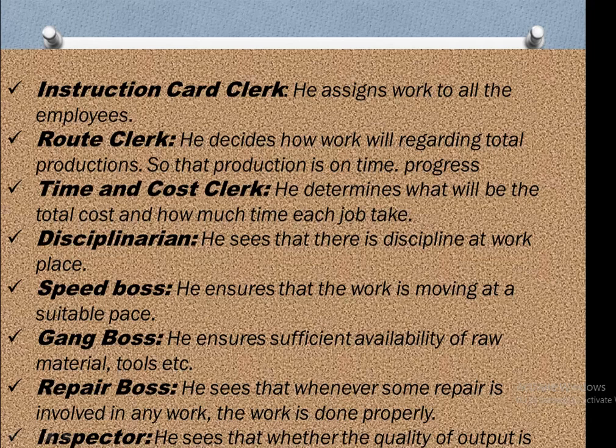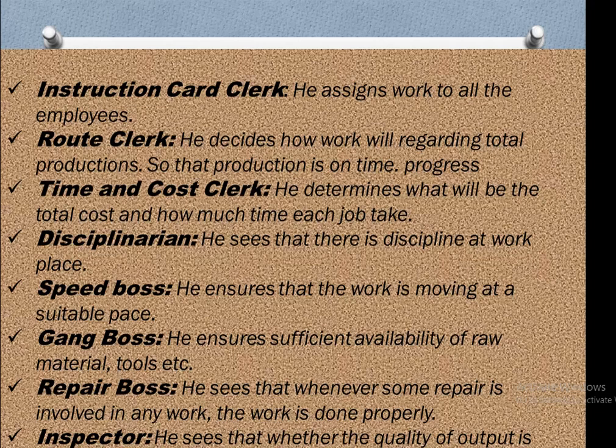Route clerk. This foreman is responsible to fix up the sequence of steps for performing a mechanical or manual job. Instruction card clerk. This foreman is responsible for giving general instructions necessary to carry on the job in a specified manner. Time and cost clerk.